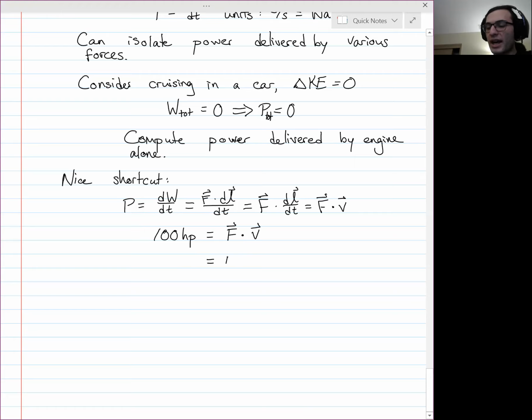So this would be F sub v, the force in the direction you're traveling, times 80 miles an hour. So you could explicitly calculate how much force your engine is providing in the direction of motion. Obviously, it's not providing all of its force in the direction of motion because there are inefficiencies everywhere, but this would give you a good estimate of how much force your engine can actually provide.